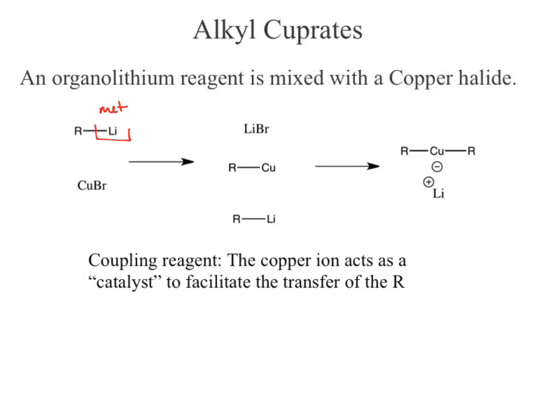All of our metals pick up a positive charge, which means our carbon is negative. When we mix this with a copper halide solution or a copper halide compound, what ends up happening is sort of an effective substitution reaction, and we end up substituting our carbon for the bromide.